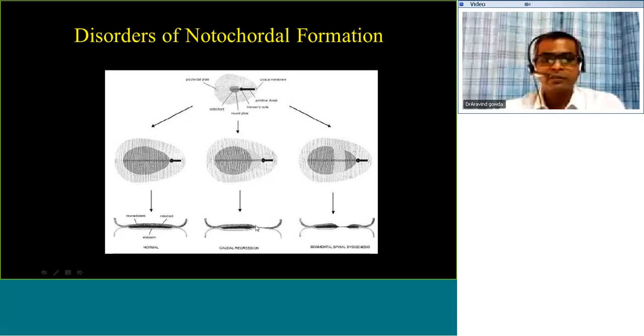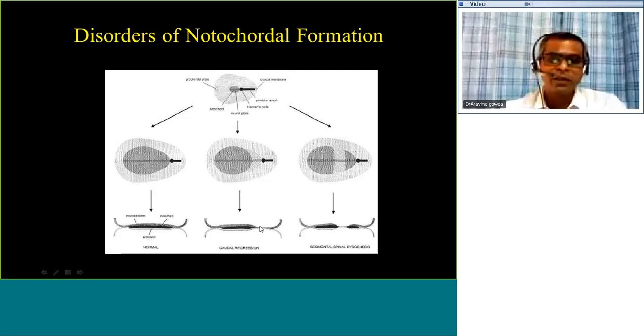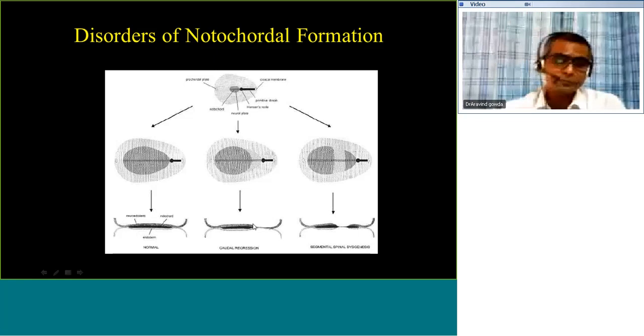In a caudal regression syndrome, there is a disorder of both the primary as well as the secondary neurulation. So when that is associated with both, that will give rise to the caudal regression syndrome. In segmental spinal dysgenesis, there will be a disorder of the spinal cord formation secondary to hypoplasia of the notochord at various levels.